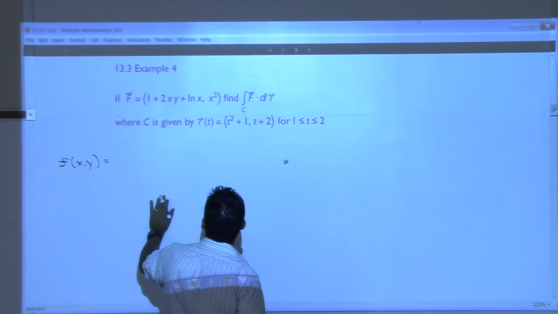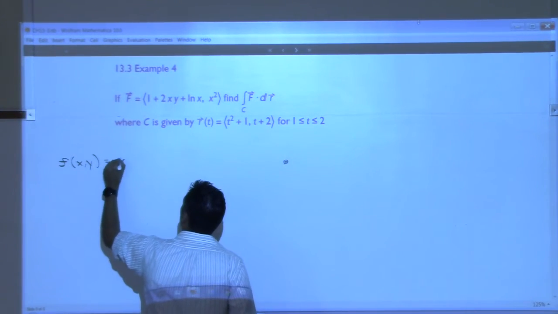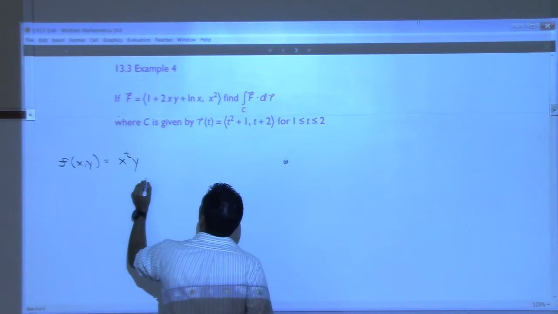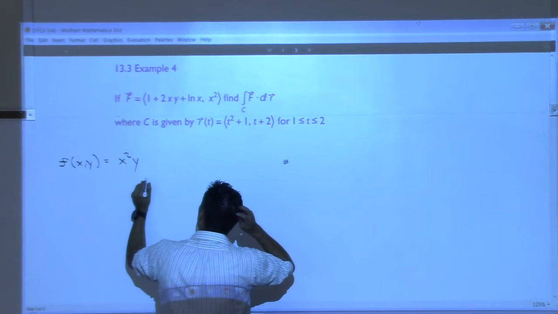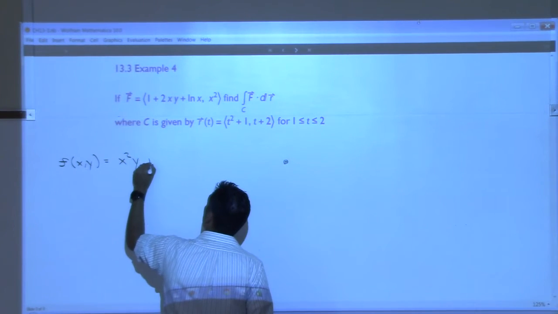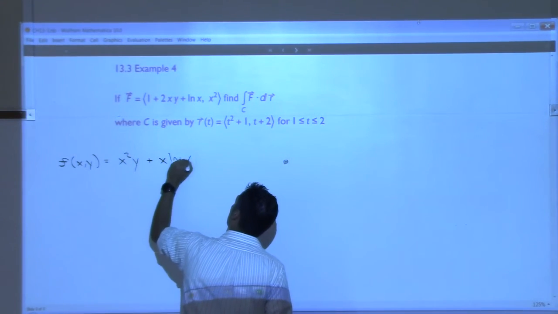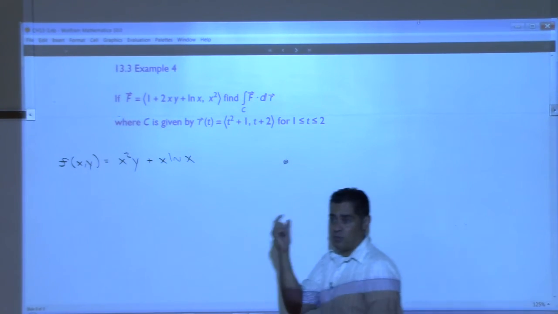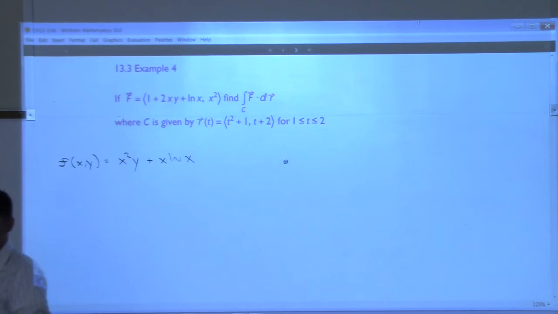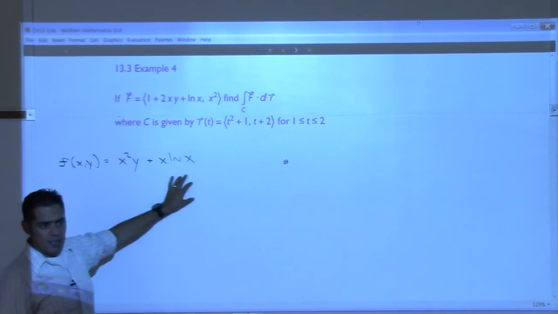What was it? x squared y. I thought there was an x in there. No? Yeah, the x and then the negative x later cancel. Oh, okay. So just plus x natural log x, and that was it. Plus c. Now I'm going to use just this one, so I'm going to let c be 0. So this is a potential function.